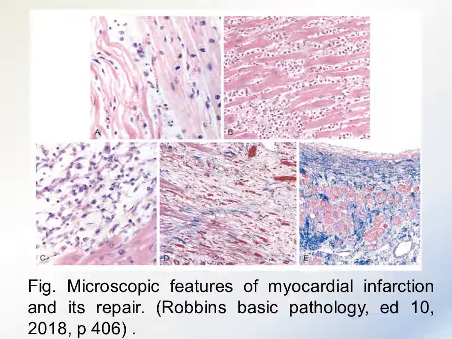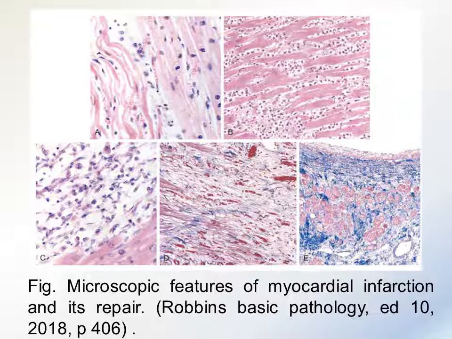In figure B, in the upper right, there is dense neutrophilic infiltrate in the area of 2 to 3-day-old infarct. Later on, from 7 to 10 days, as seen in figure C, there is nearly complete removal of necrotic myocytes by phagocytic macrophages.